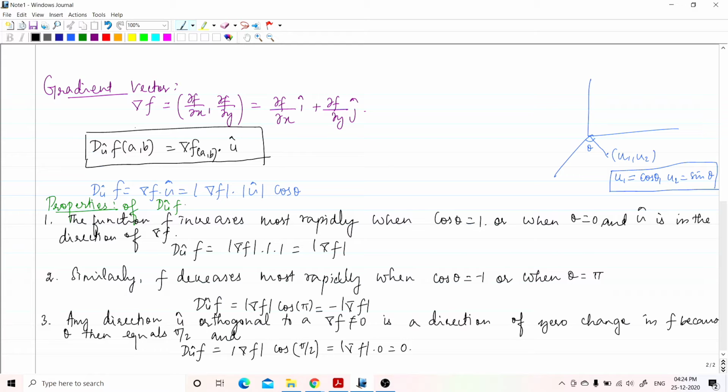The minimum value happens in the opposite direction of u cap. You just negate it and you can see the minimum value is minus the absolute value of del f. Is the idea clear now? Yes, sir.